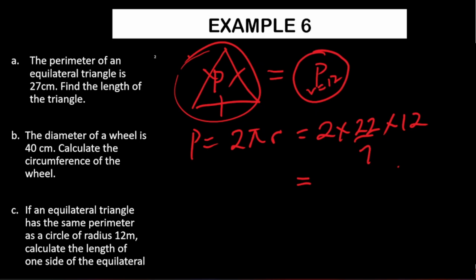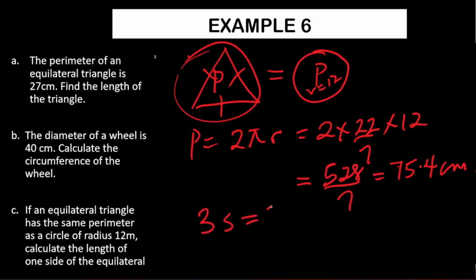528 divided by 7. So let's see what we're going to have. We have 75.4 centimeters. So for us to now get each side of the equilateral triangle, we divide it by 3. Which means 3s is equal to 75.4 centimeters.